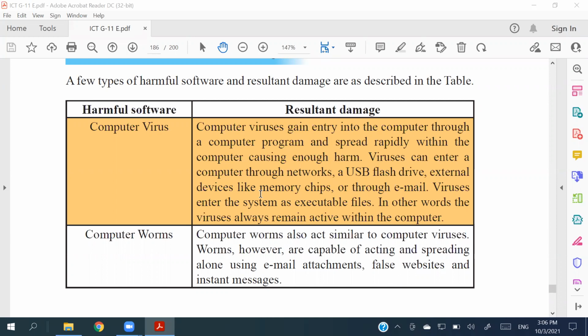A virus is a malware, in other words a harmful software, which gains access to the computer through some programs that seem to be trustworthy. Sometimes it can be spread through our USB drives, sometimes through a network if we are connected to something, and sometimes it comes in an email as an attachment.